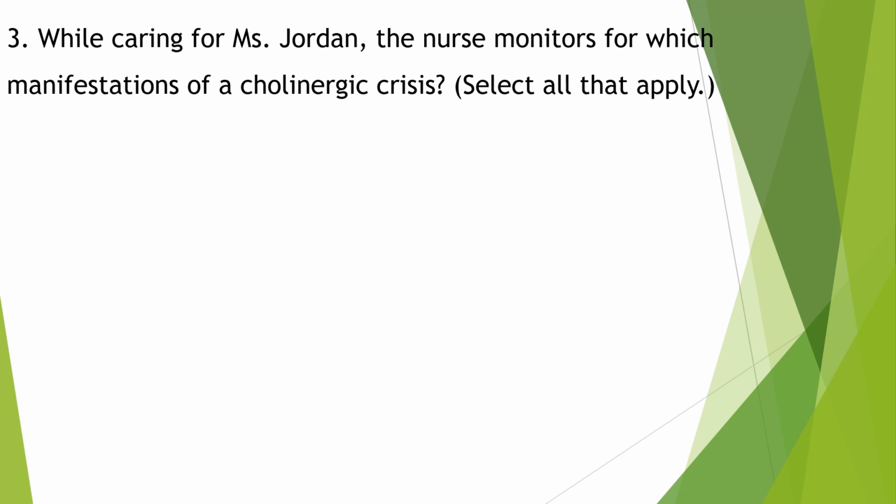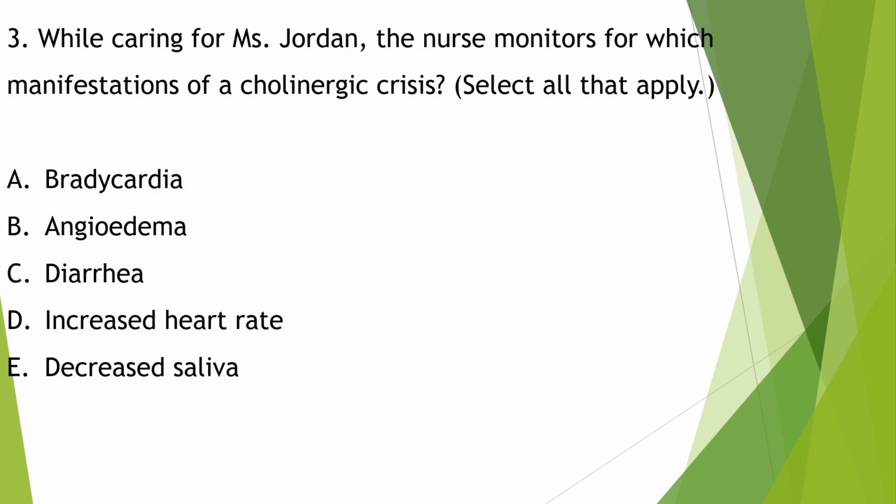While caring for Ms. Jordan, the nurse monitors for which manifestation of a cholinergic crisis? Bradycardia, angioedema, diarrhea, increased heart rate, decreased salivation. Cholinergic crisis is due to excess intake of anticholinesterase medication and is potentially secondary to a patient taking too much of the prescribed myasthenia gravis medications.